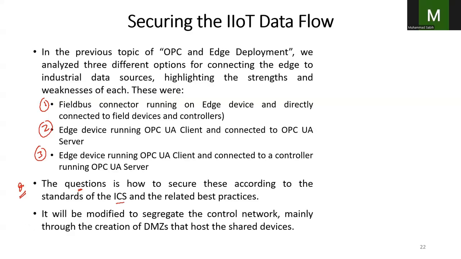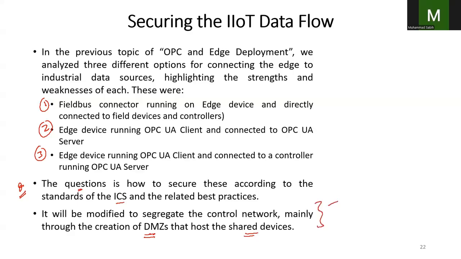This is important. To do that, we will see where we can introduce DMZs and where we can place the shared devices like OPC servers or gateways in isolated zones rather than directly connecting to the corporate network.